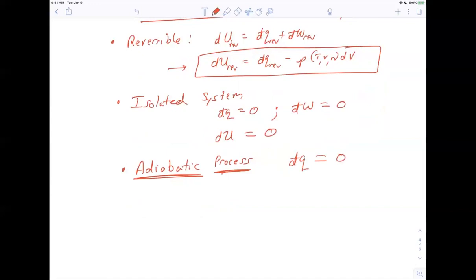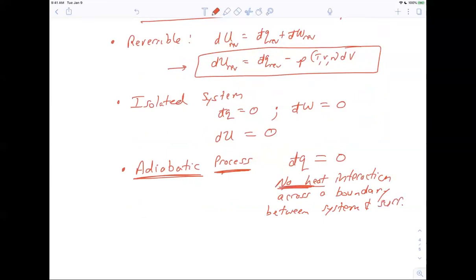There is no heat interaction across a boundary between system and surroundings. Okay, no heat interaction across the boundary.